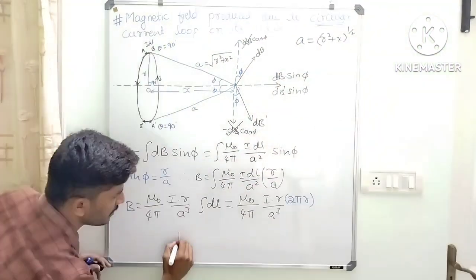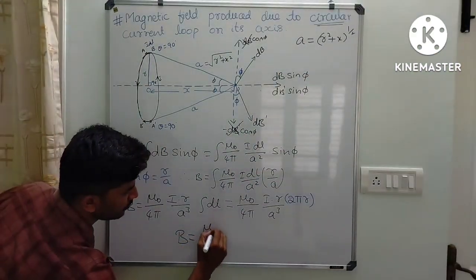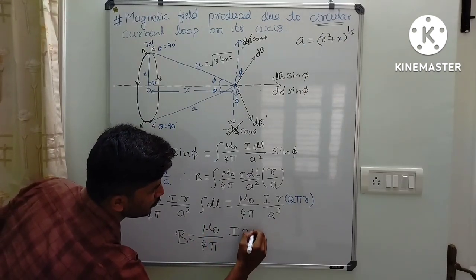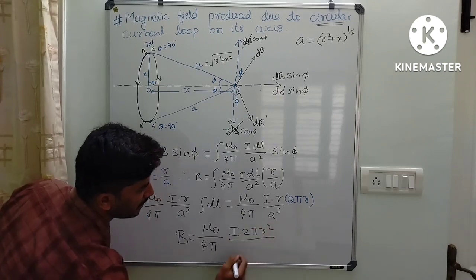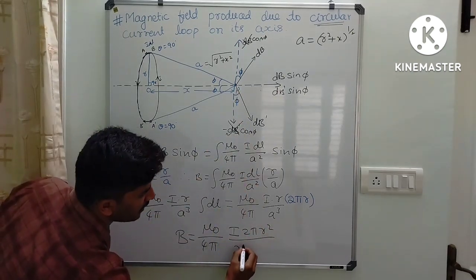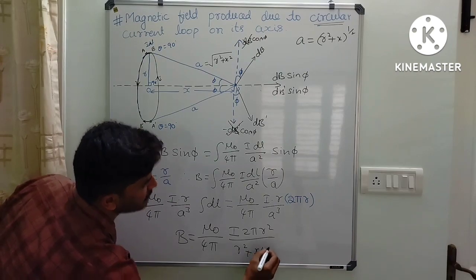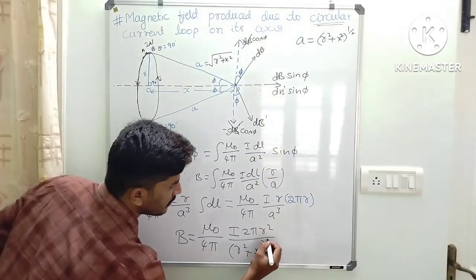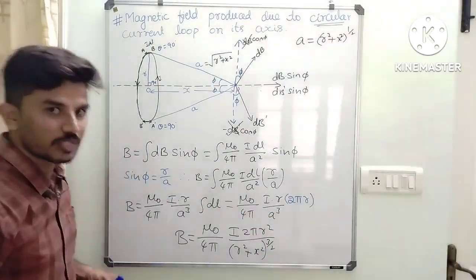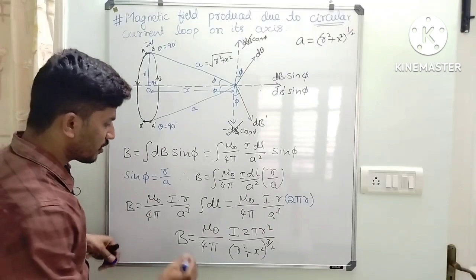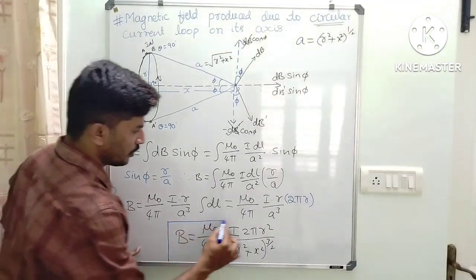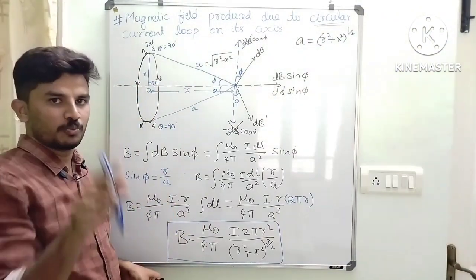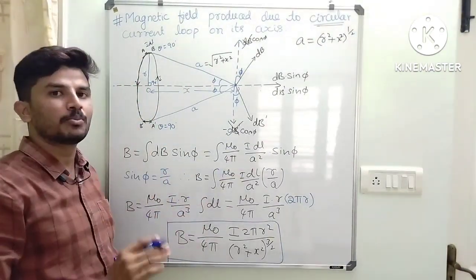If I substitute that here, I get B is equal to mu naught by 4 pi, I 2 pi r square divided by the a value, which is how much? r square plus x square to the power 1 by 2. Already 3 is there, so 3 by 2. So this is the formula for the magnetic field produced due to a circular current carrying loop on its axis. Very important derivation.